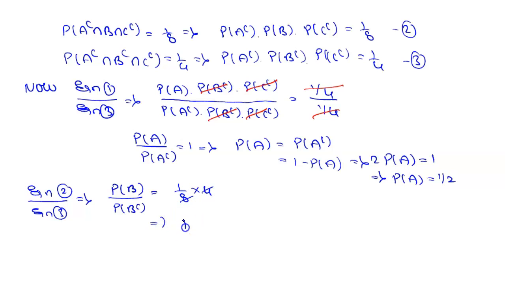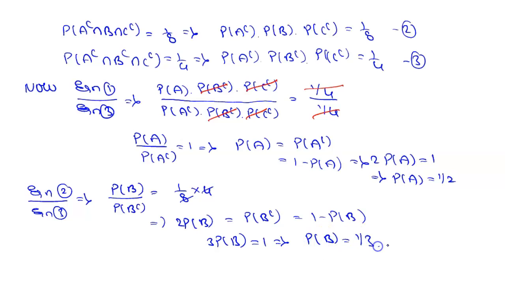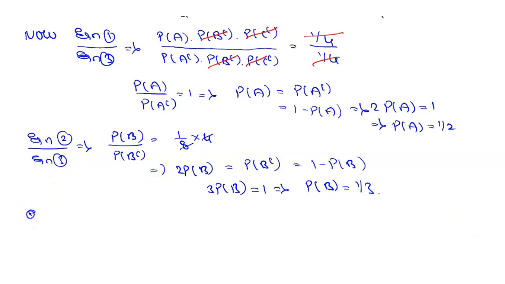This implies P of B is equal to 2 cross multiply, no. 2 times of P of B is equal to P of B complement, that is nothing but 1 minus P of B. So P of B will go to the left side, 2 already is there, 2 plus 1 will go to 3 is equal to 1, implies P of B is equal to 1 by 3. P of B is equal to 1 by 3, right, from equation 1.